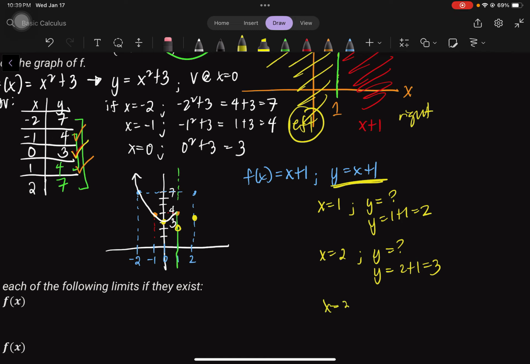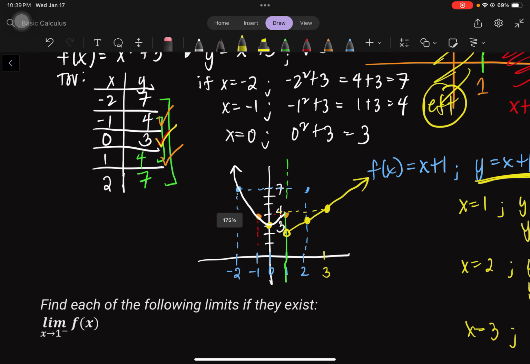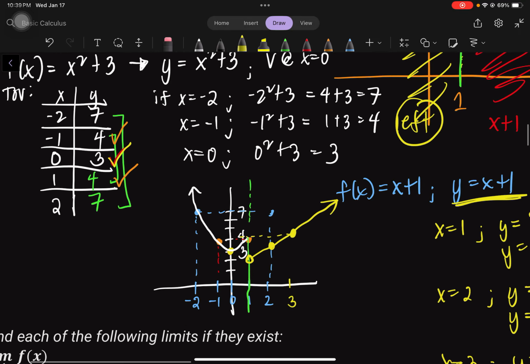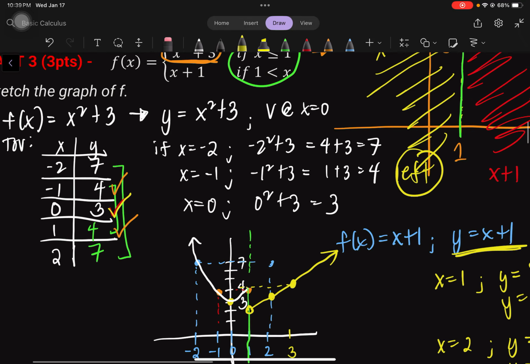Hanggang x is equal to 3, ano ang y? So, y is equal to 3 plus 1 equal kay 4. So, kapag 3 na daw, 4 na. So, mapapansin mo, going up na siya. Okay? So, in this part, nare-realize mo na kung ano nangyayari sa ating equation. Tama. Via graph.